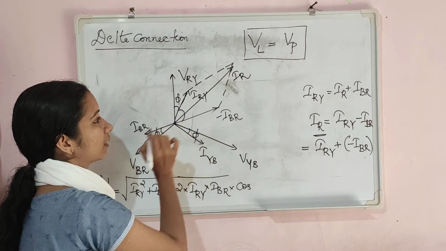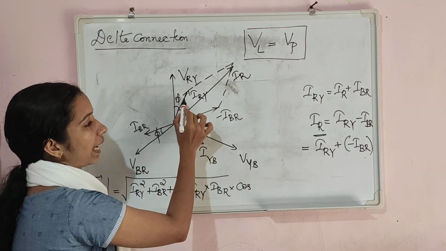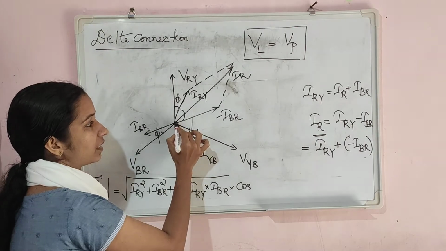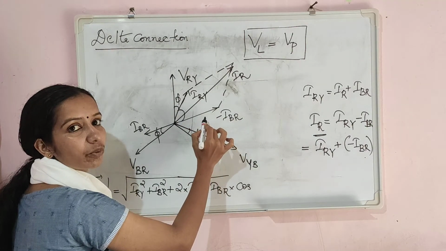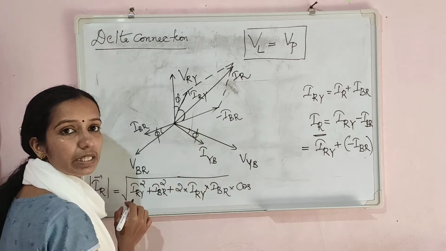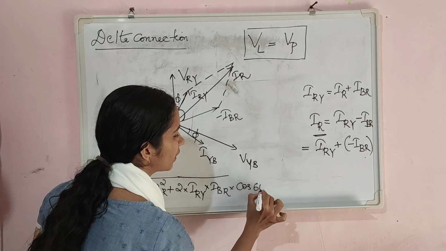The angle between IRY and IYB is 120 degree, and this IBR passes through the center of that angle. That means this angle is 60 degree. So cos 60.